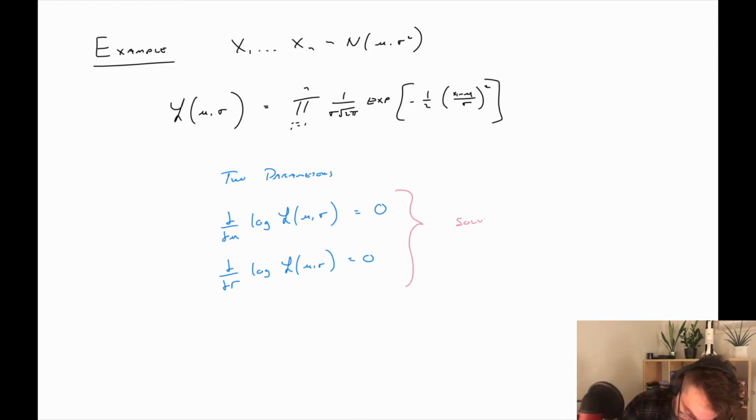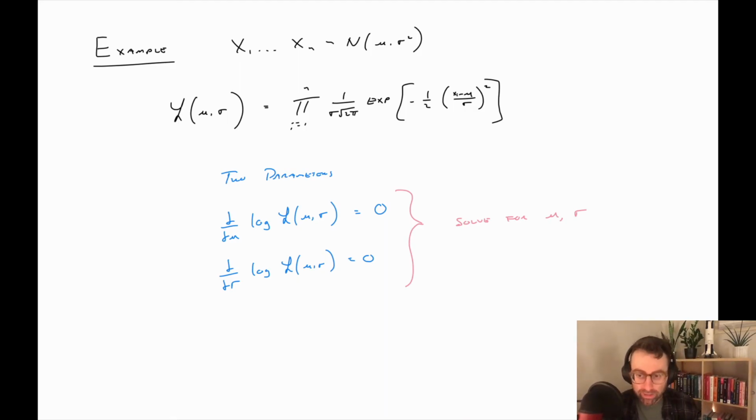So solve for mu comma sigma, and that would get you the MLE. I'm not going to do that because it's just a bunch of algebra. I will certainly not do it right. And the resulting estimators are not interesting.